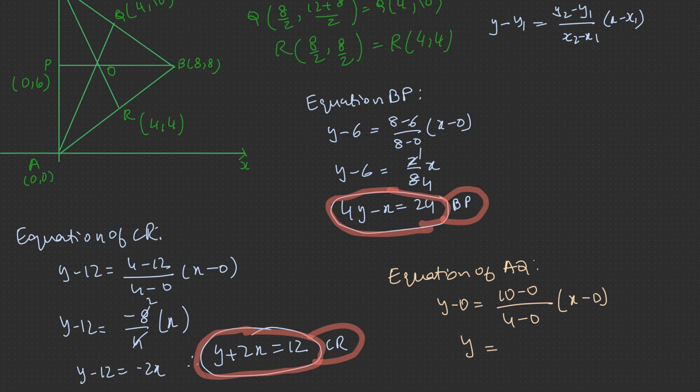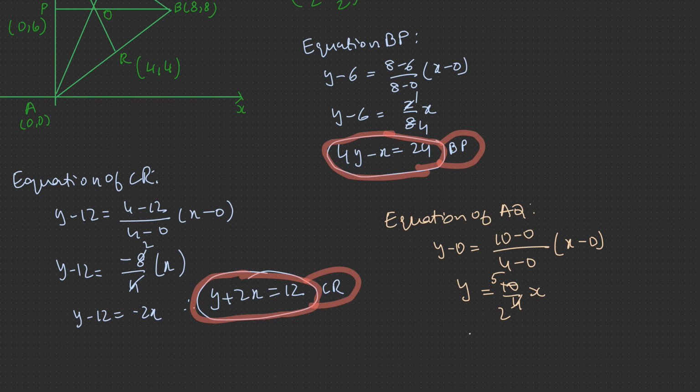So y equals 10 over 4 x, which is 5 over 2 x. Therefore 2y minus 5x is 0. So that is AQ. So we've got that.